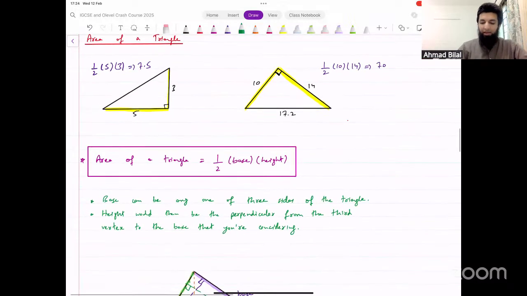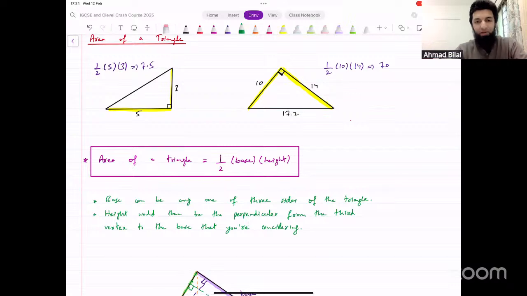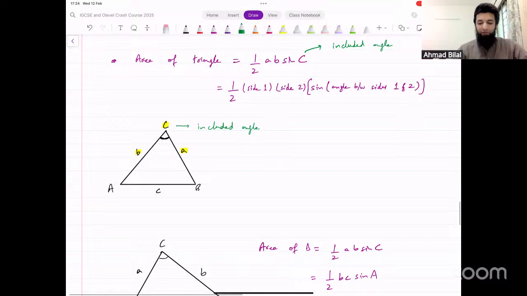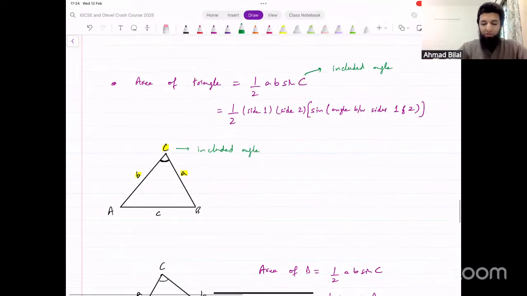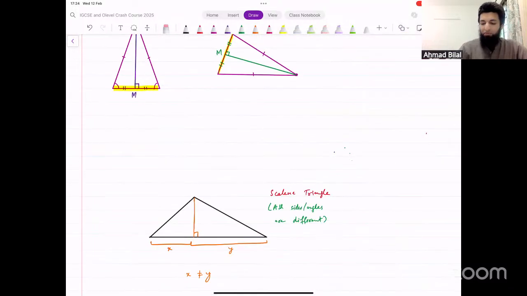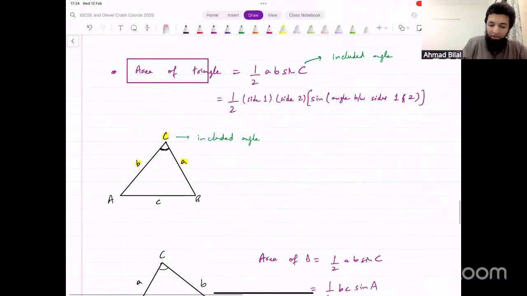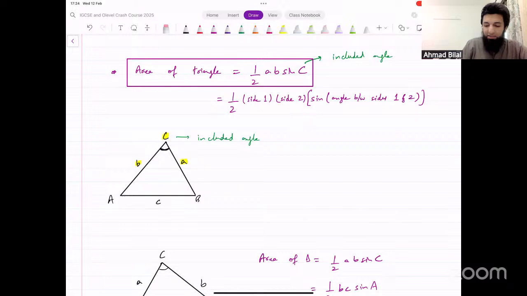And then for the area of a triangle, we can use half into base into height, and also half into ab sine C. This is the second formula that we have. The two sides that you use in this formula can be any two sides, but the angle C has to be the included angle, the angle between those two sides.